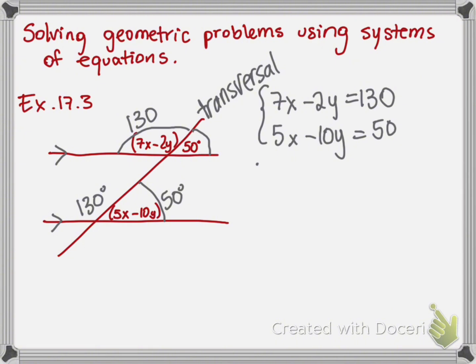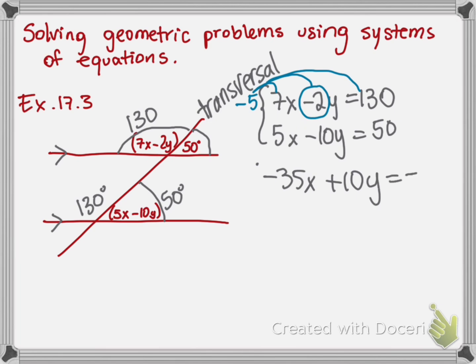If I multiply here times -5, I'm going to change these to +10 and then they cancel. So remember, -5 has to multiply all of the terms on the top. So we're going to get -35x plus 10y equals -650. Then on the bottom, we don't need to multiply by anything because we already have the -10y.